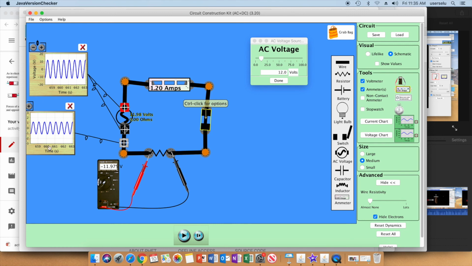When I'm at the top, and let me just step a couple more, when I'm at the top of the voltage peak, I'm at the top of the current peak. So what we say, and I want you to remember these words, is that in an AC circuit, the current and voltage for a resistor are in phase.